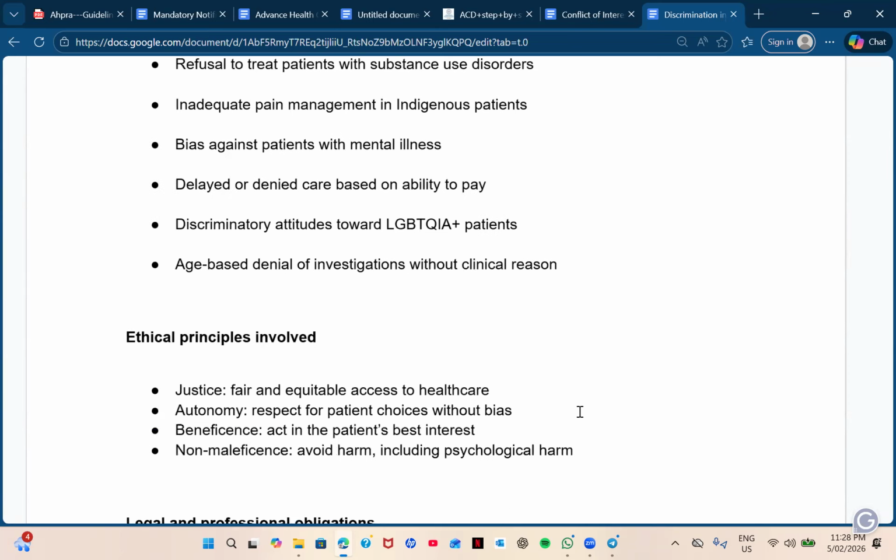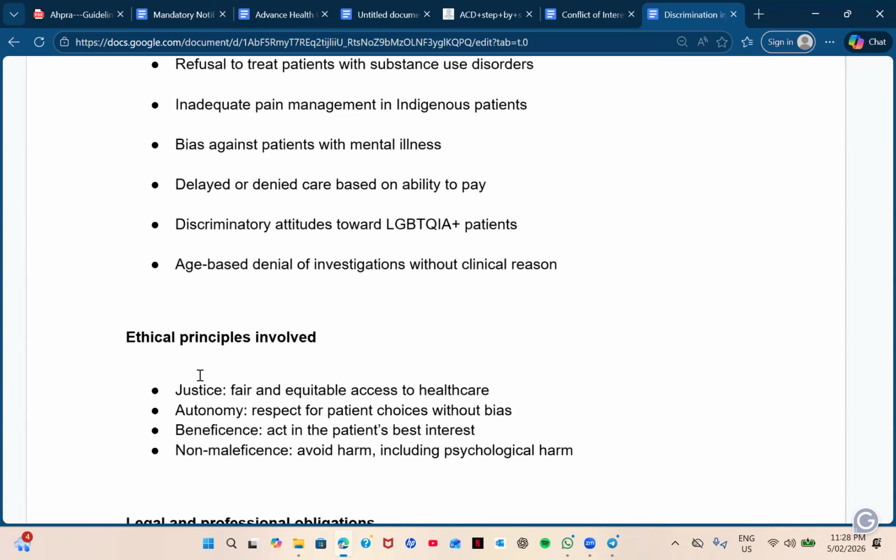Okay, then here are the ethical principles involved in discrimination: justice, autonomy, beneficence, and non-maleficence. So justice, fair, we should not give unfair treatment, right?